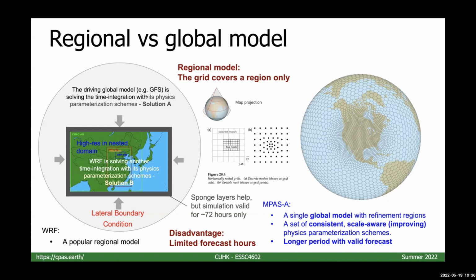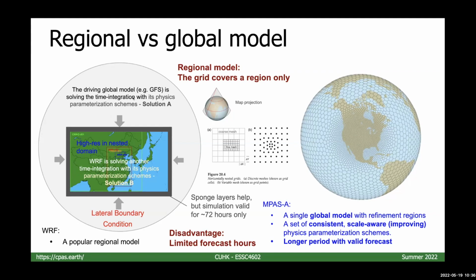So there is a dependency on an outer driving model. However, usually the outer driving model is not fully compatible with your regional model. Say the global driving model actually needs to take care of large-scale atmospheric phenomena. And the resolution of the driving global model is usually coarser than your regional model.